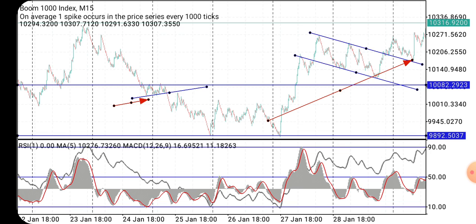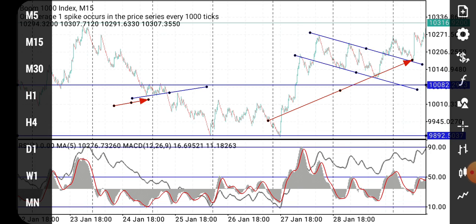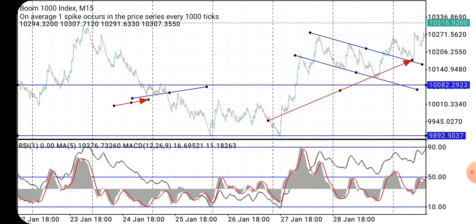So that's basically the strategies. That's basically everything you need to know and understand to master boom and crash. And I'm 100% sure, no matter what, you're going to understand the strategy and you're going to master it.